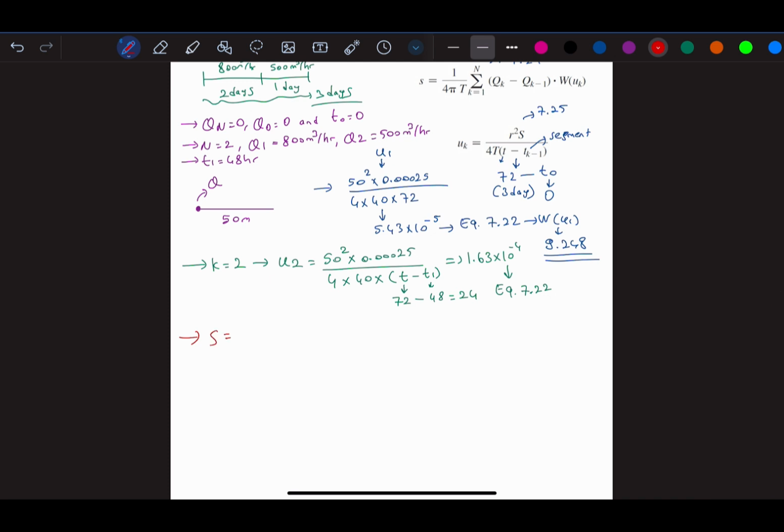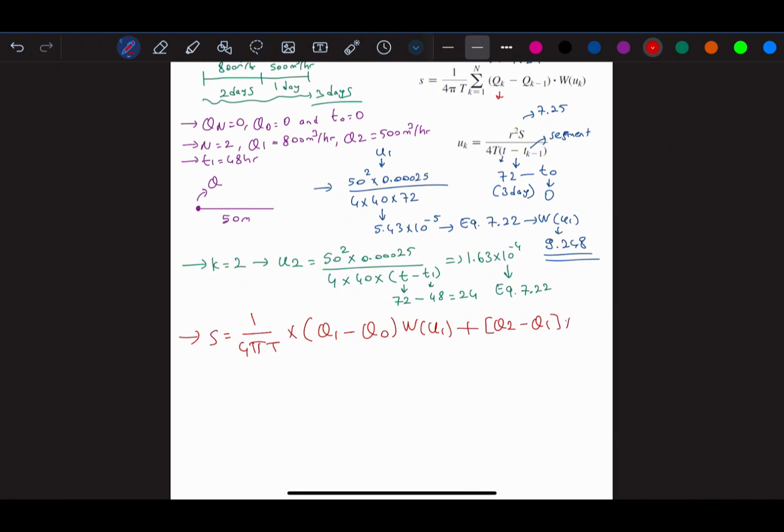So S is equal to 1 over 4 pi T times Q1 minus Q0 times the well function for U1, plus we have the second flow rate for the second segment, so this will be Q2 minus Q1 times the well function of U2.